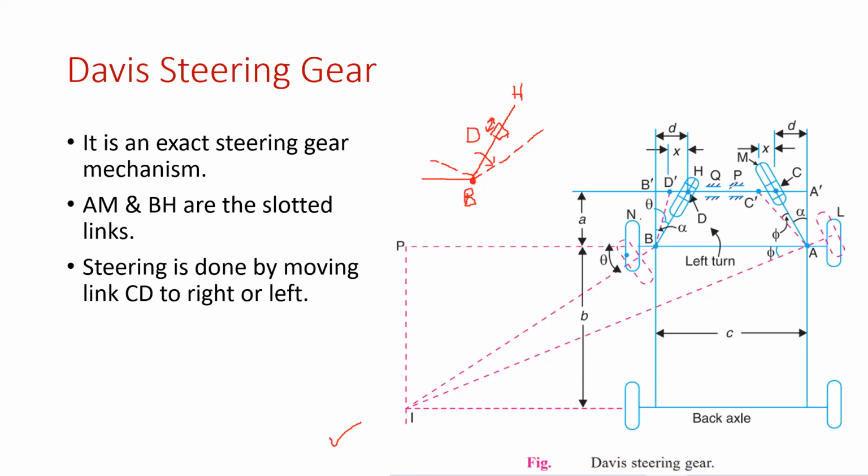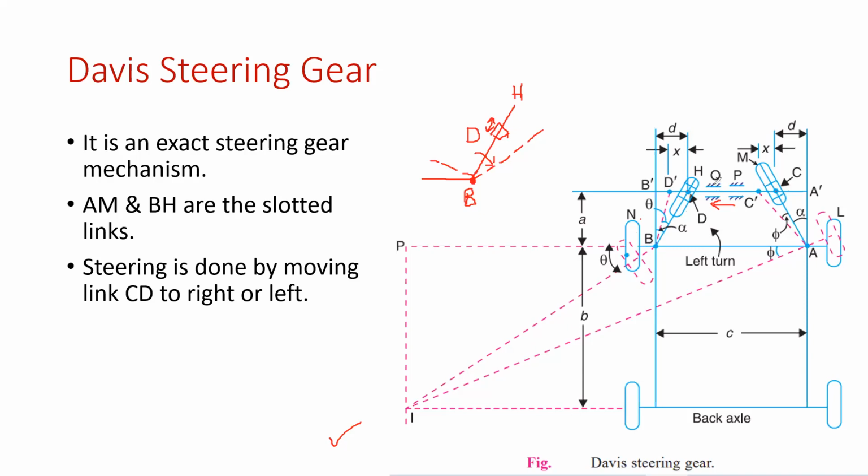So what happens is that if you want to take a turn, suppose a left turn, then you must slide this rod CD towards left. If you slide it, at the same time the bar or rod CD is constrained to move in the horizontal direction only.